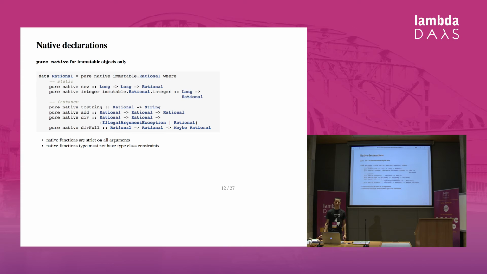There is also a second option with a throws declaration you can catch later, but I think this is a cleaner way. So native functions are, in fact, Java functions, and so they are strict on all arguments. And because Java doesn't know type classes, they cannot have such type class constraints.